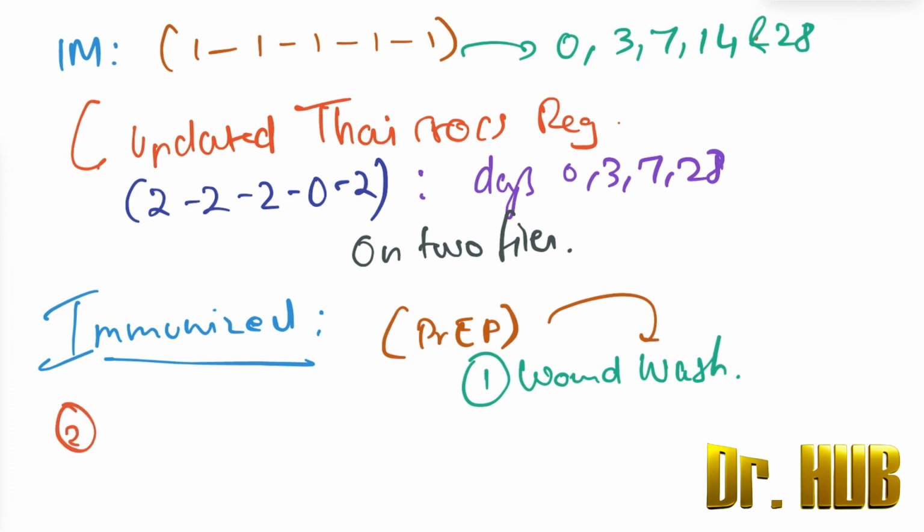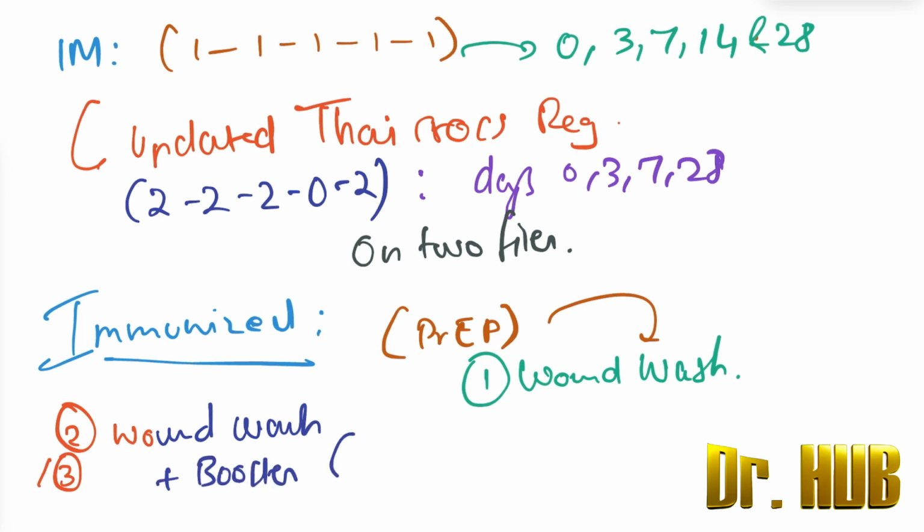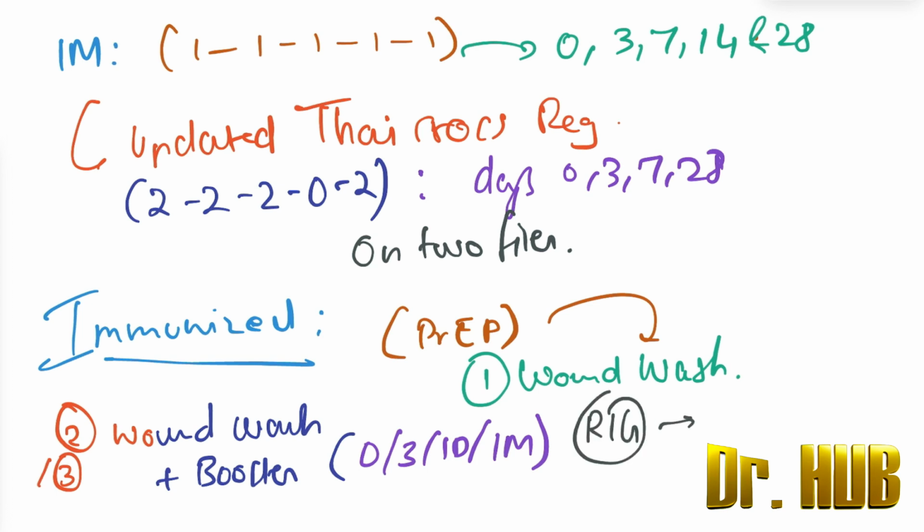Category 2 involves wound wash and the booster on days 0, 3 ID or IM. Here the RIG is not indicated, whereas the wound treatment and the booster on days 0 and 3 can be followed.